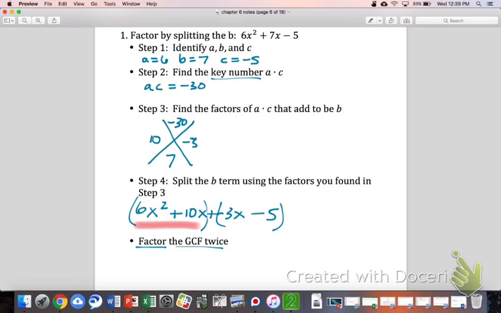It's going to look like this: 2x times 3x plus 5. So that is just the GCF factored out of that first grouping. So I need to put my plus sign. The second grouping is -3x minus 5.